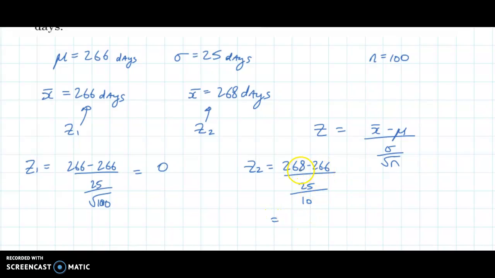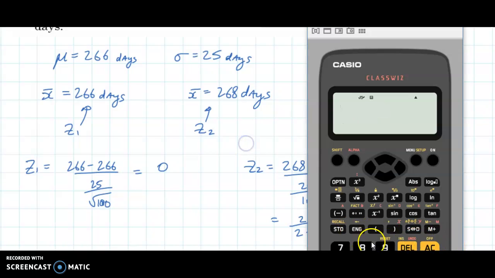We can work out Z2 here without the calculator. On top we're going to have 268 minus 266 gives us 2. And underneath 25 divided by 10 is 2.5. So we have 2 divided by 2.5. That's going to be 4 over 5, I think, or 0.8, but we'll just run that through the calculator.